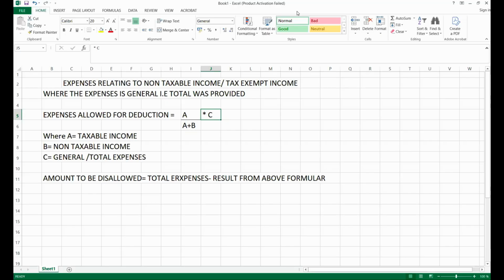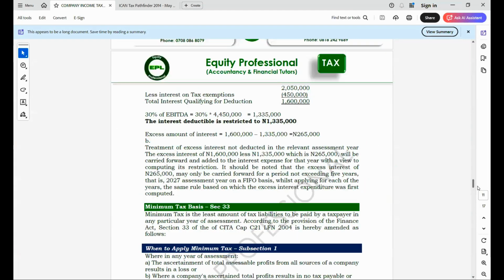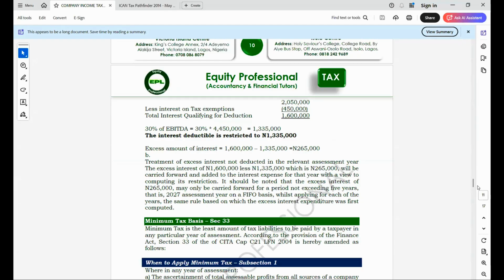So you may be given a scenario whereby expenses relate to both taxable and non-taxable income. It is only the portion that relates to the taxable income that will be allowed. The portion that relates to non-taxable income will be disallowed. So take note of that. Those are what you are expected to know under the total or normal basis.